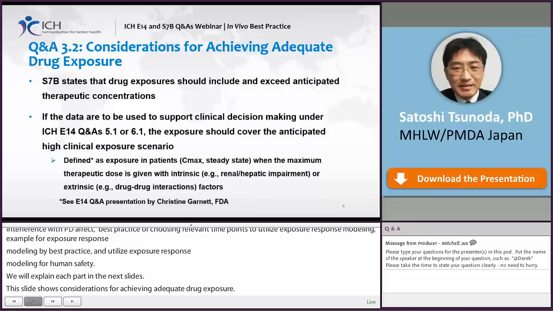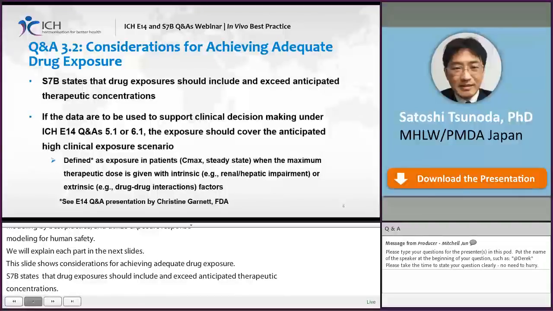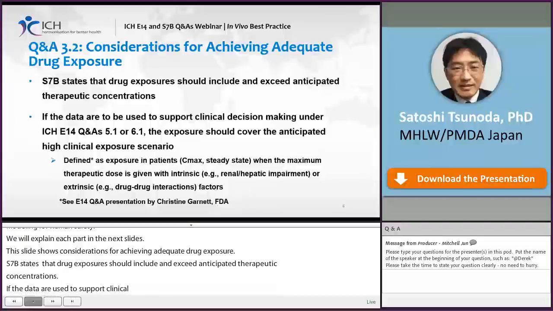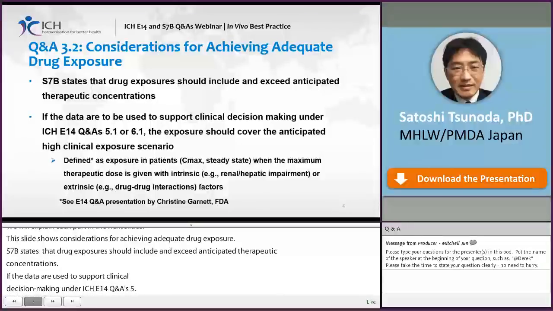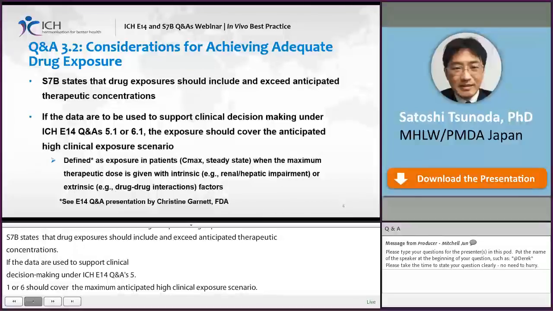If the data are to be used to support clinical decision-making under ICH E14 Q&A 6.1 or 5.1, exposure should cover the maximum anticipated high clinical exposure scenario, defined as exposure in patients when the maximum therapeutic dose is given with intrinsic or extrinsic factors. A detailed definition of exposure in patients is presented in the E14 Q&A by Christine.